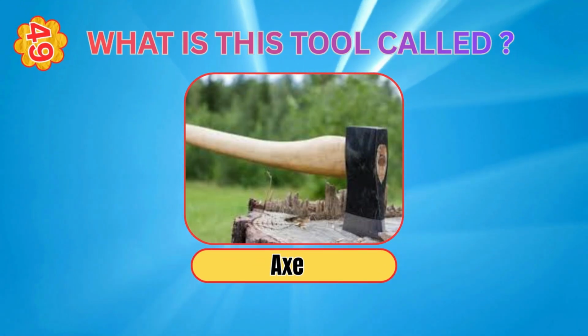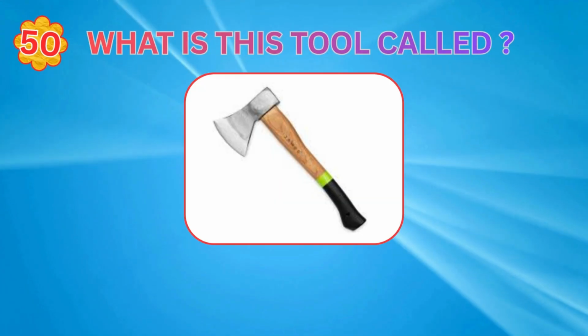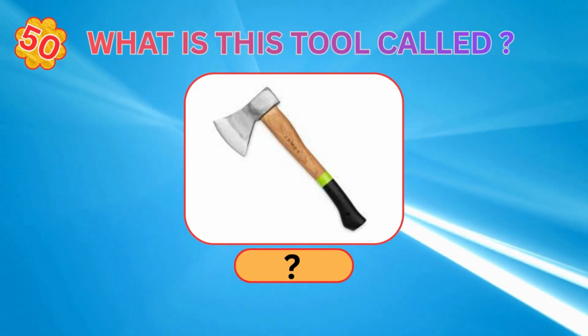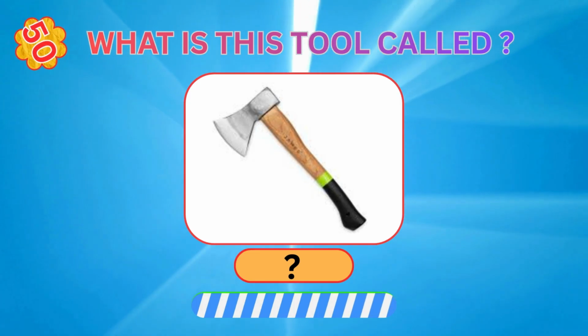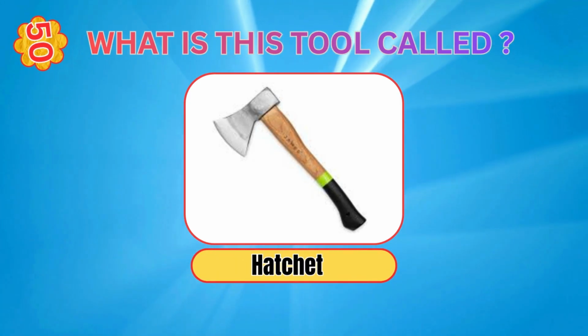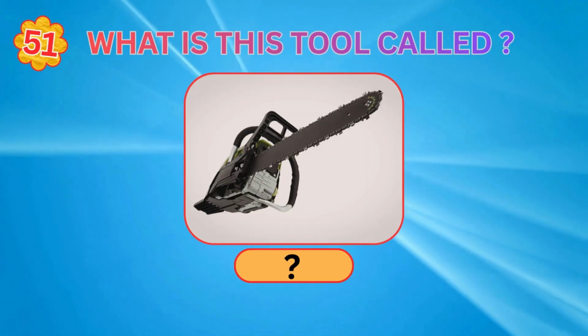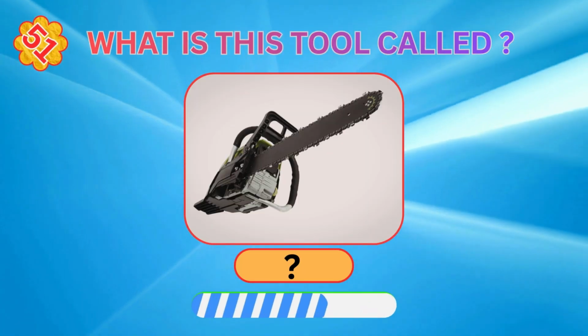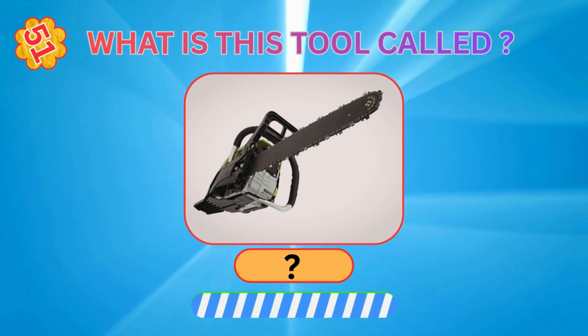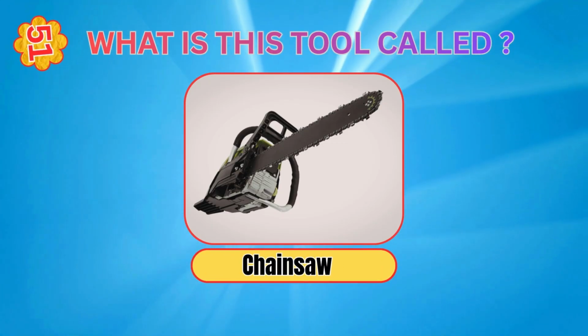It's an axe. What is this called in English? The answer is hatchet. The correct answer, chainsaw.